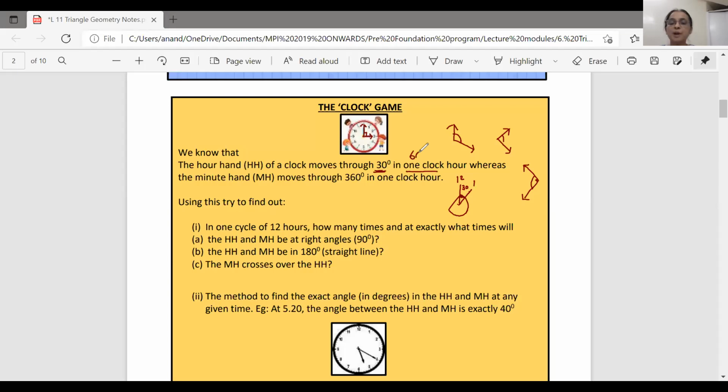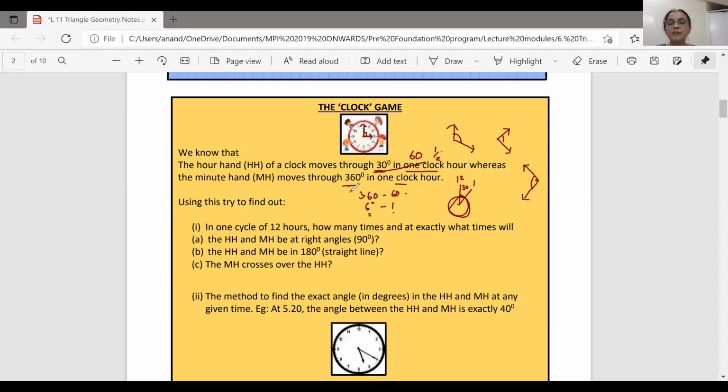So I can determine the speed of the hour hand. It is half a degree per minute. And what about the minute hand? The minute hand goes round the whole clock in 1 hour. So the minute hand goes 360 degrees in 60 minutes. That means it goes 6 degrees in 1 minute. That is all I'm going to tell you. Hour hand goes half a degree in 1 minute. Minute hand goes 6 degrees in 1 minute.